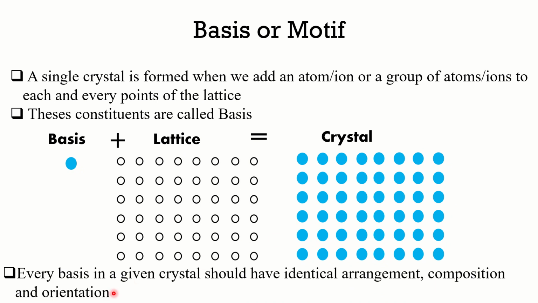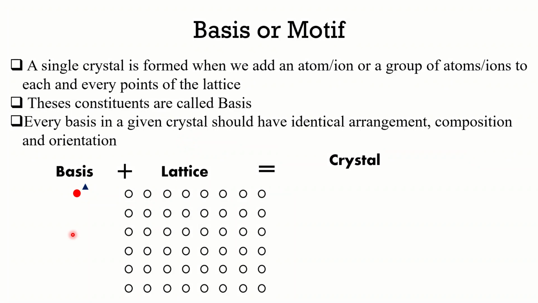Every basis in a given crystal should have identical arrangement, composition and orientation. What does it mean? Let us consider another one. I have this lattice and I have this basis. As I said, they should have identical arrangement, composition and orientation.